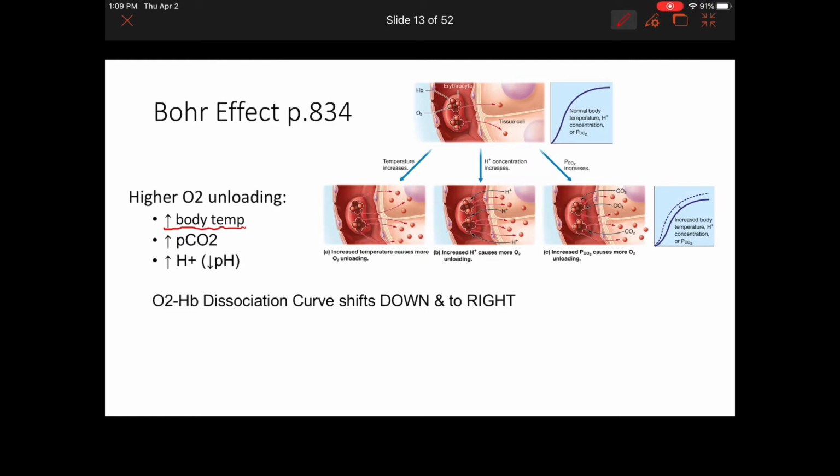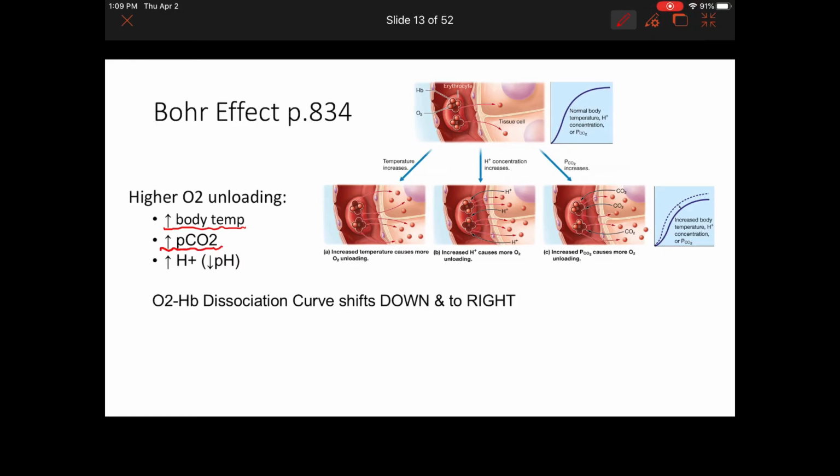Another factor that has an influence on the binding of oxygen to hemoglobin is the partial pressure of carbon dioxide. So the more carbon dioxide that is present in the blood, the more likely oxygen will be discharged from hemoglobin.